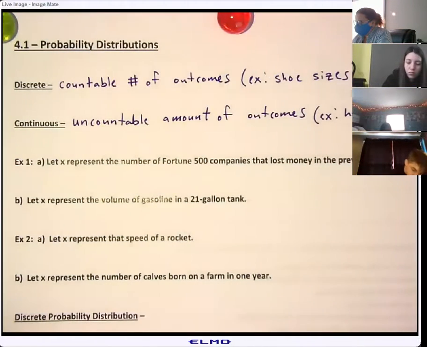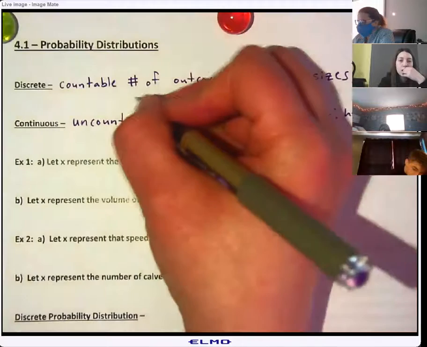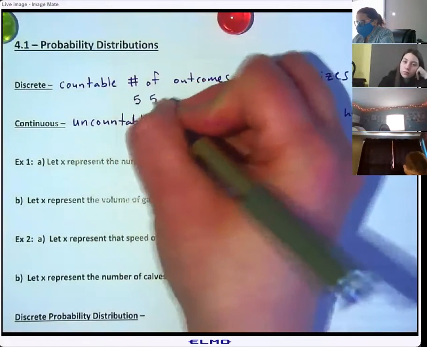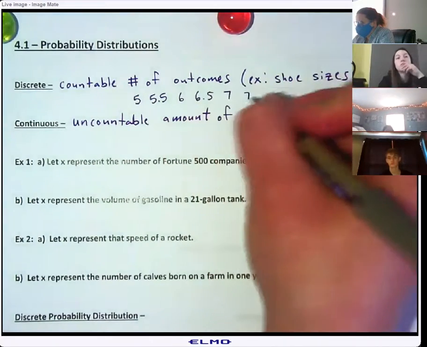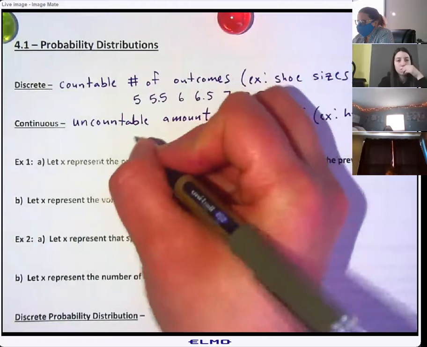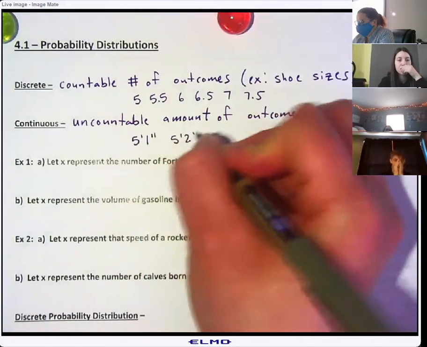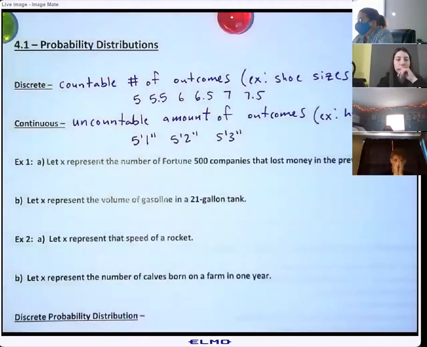All right, so uncountable amount of outcomes, example, height. If I said list all the shoe sizes, you could start at a 5, then a 5.5, a 6, a 6.5, right? You get what I'm saying? Or if it's height, I could say, well, I'm 5 foot 1 inch, or 5 foot 2 inches, or 5 foot 3 inches, but are these the only heights you could be?